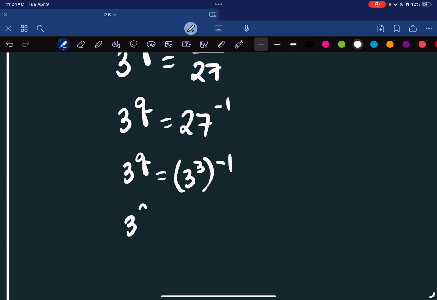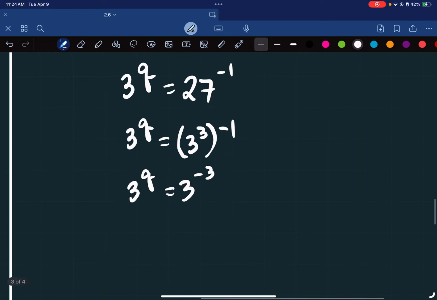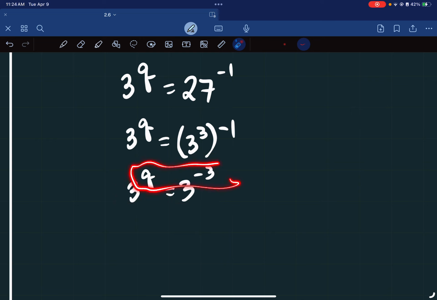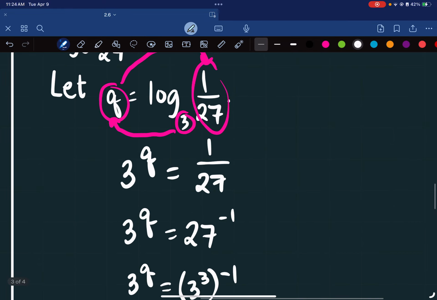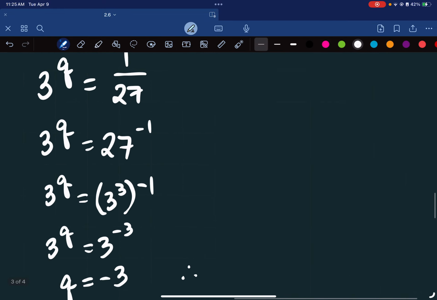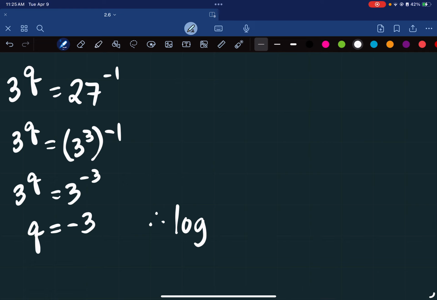So we have 3 raised to q equals 3 raised to negative 3. Since we have two exponents here with the same base, we can now equate their exponents. So we have q equals negative 3. Therefore, since q is this one right here, we have log of 1 over 27 base 3 equals negative 3.